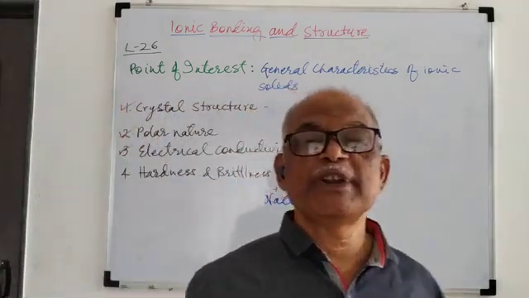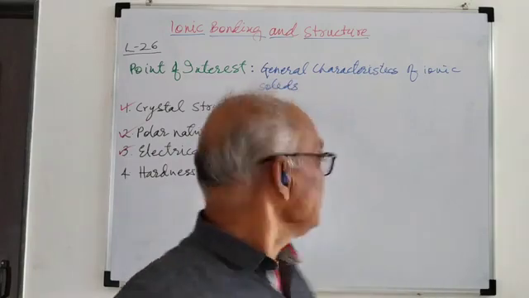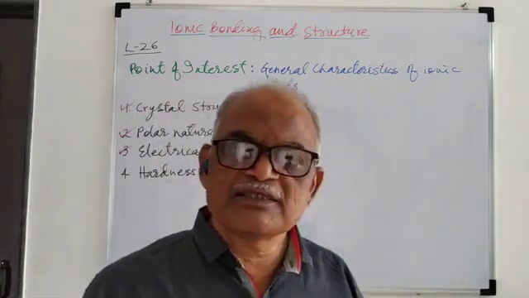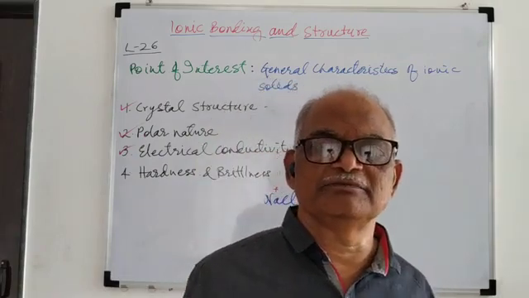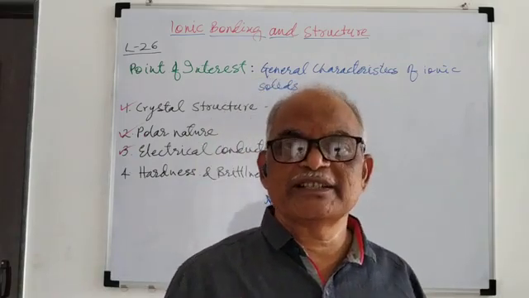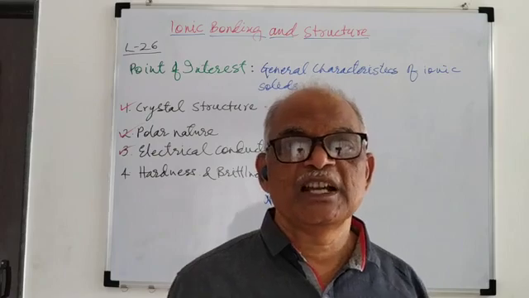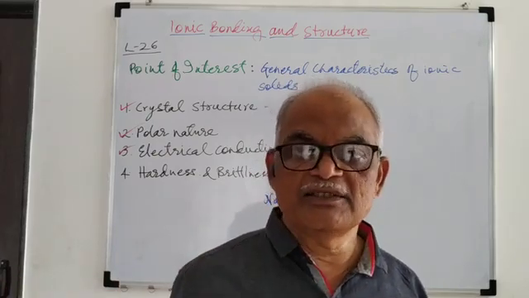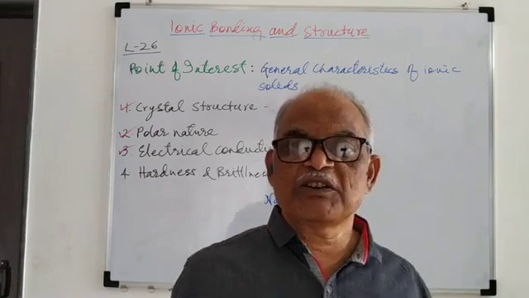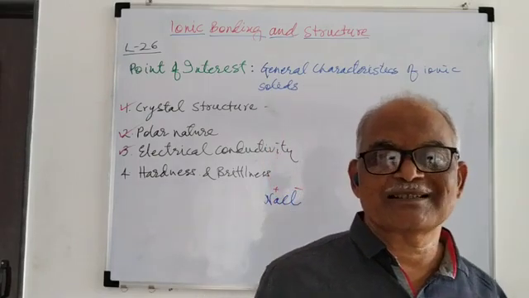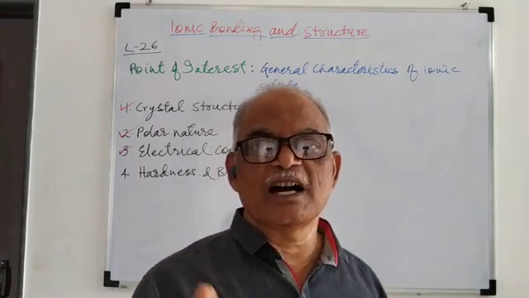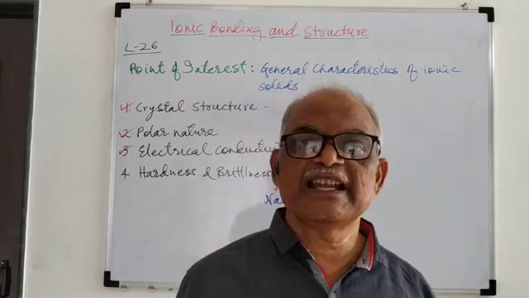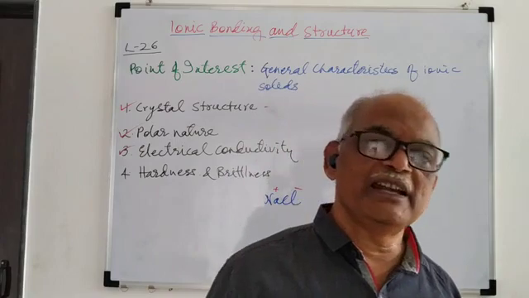Then the next point is electrical conductivity. If we take an ionic solid, it has a structure like this NaCl, but these ions are strongly packed and are not easily mobile. The ions cannot move easily anywhere inside the lattice. Because of such a strongly packed structure, ionic solids do not show electrical conductivity, meaning they are bad conductors of electricity.